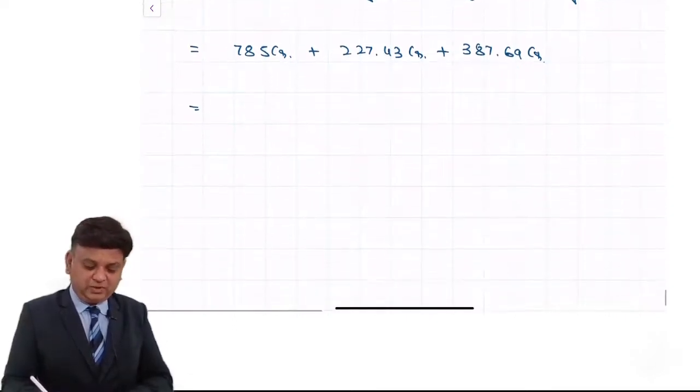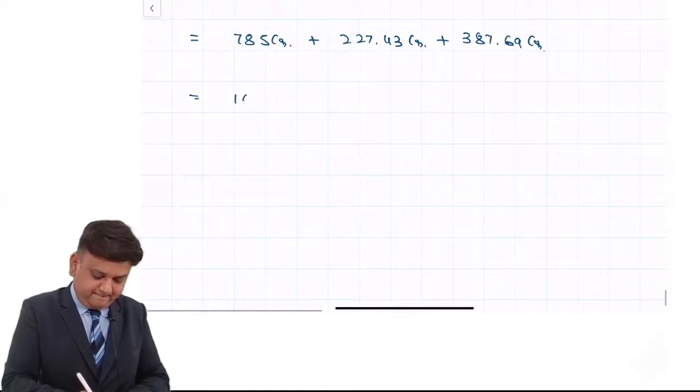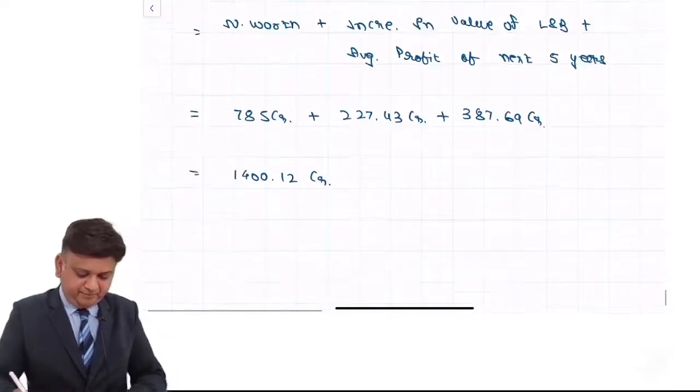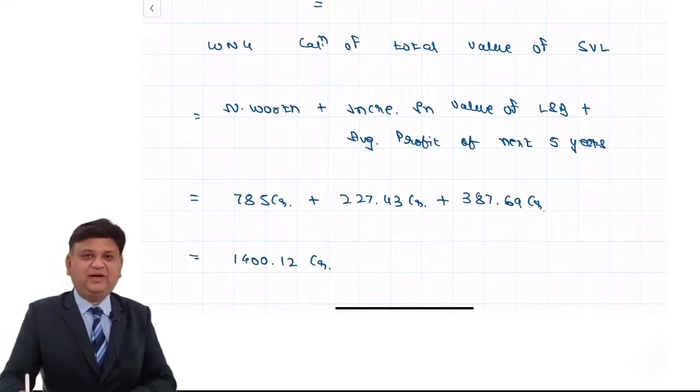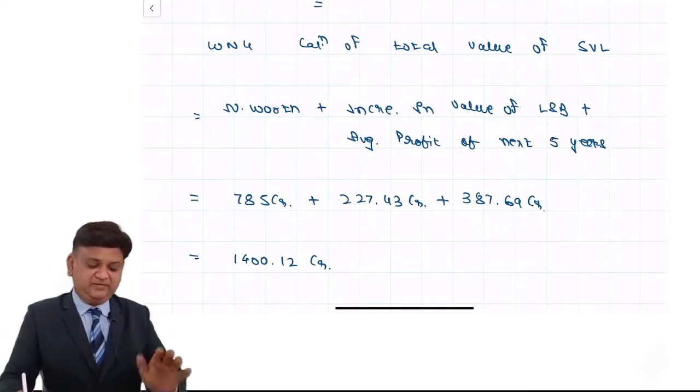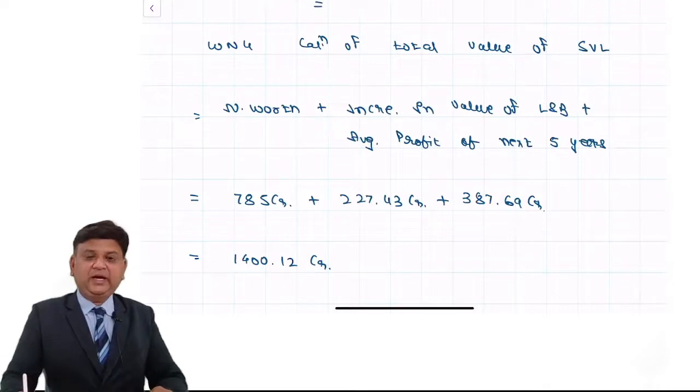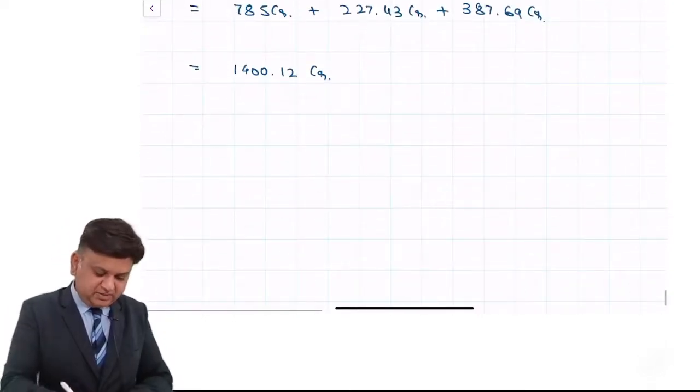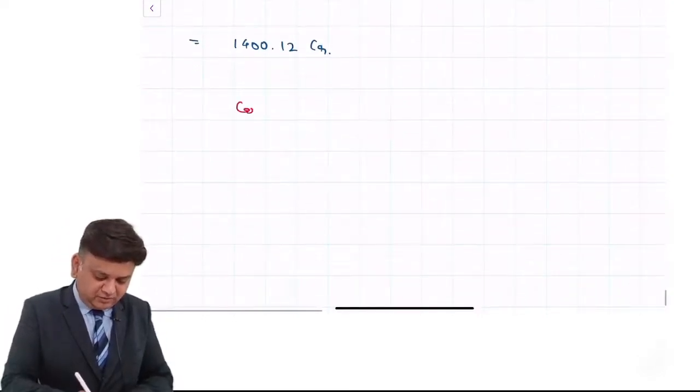So 1400.12 crore. This is what we understand is the total value. The same would be divided by the number of shares, and based on that we will compute the price per share minus the current price, that will give the premium per share.